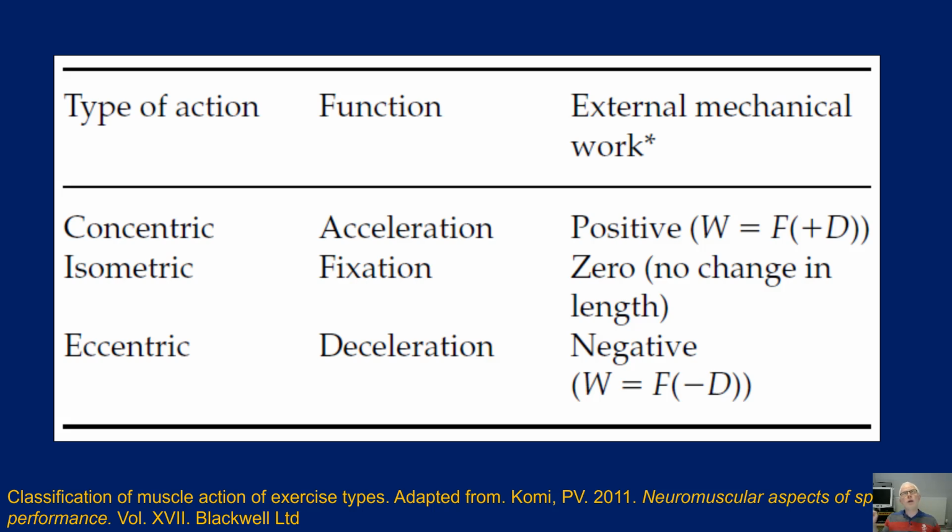So if we've got a really heavy load, imagine I'm doing a bicep curl with a really heavy load, and I'm trying to stop my arms from extending. What I'm doing is resisting the force. That is by definition applying a deceleration.